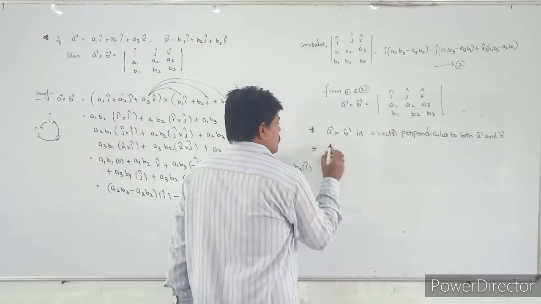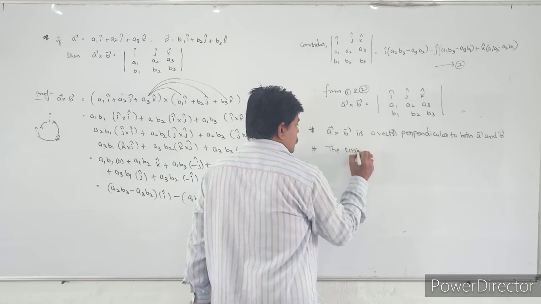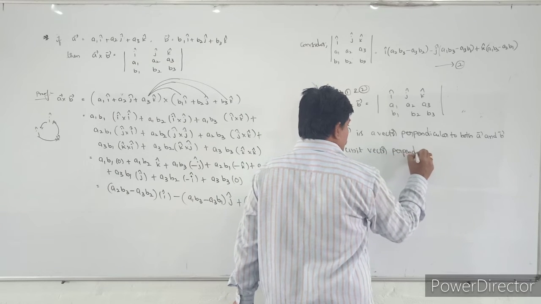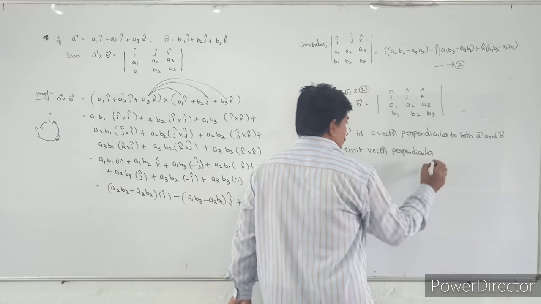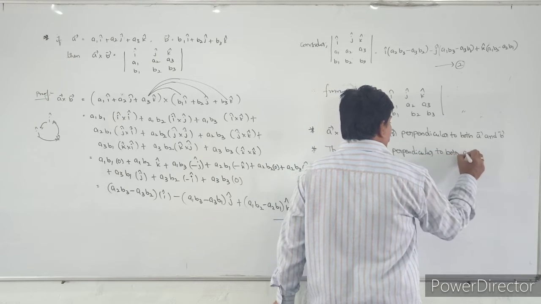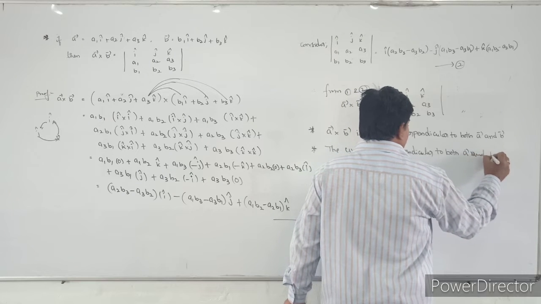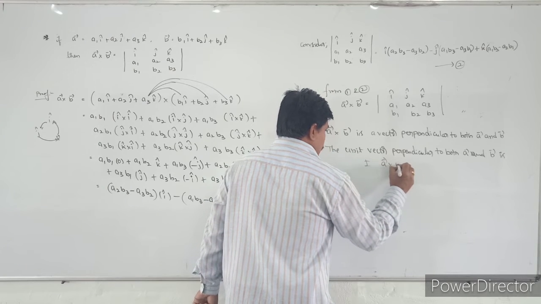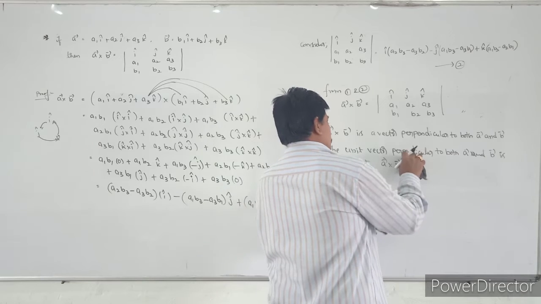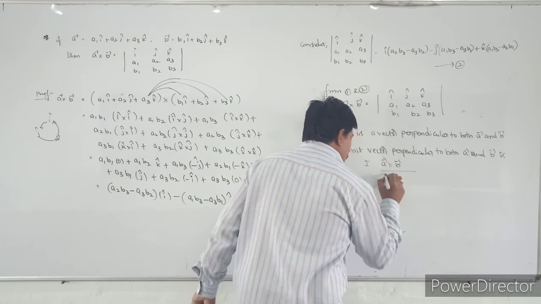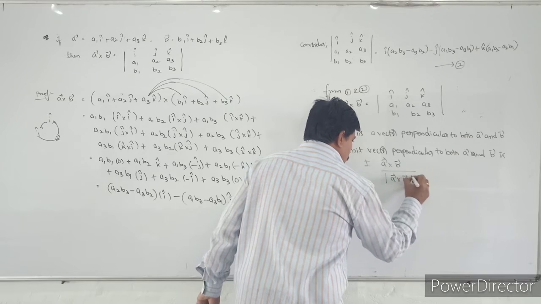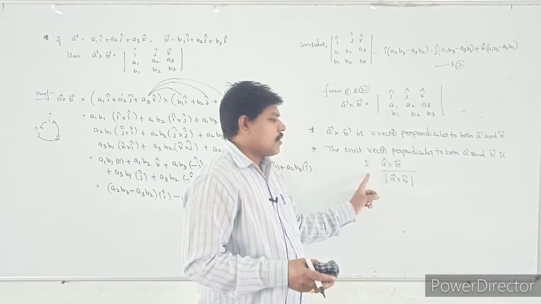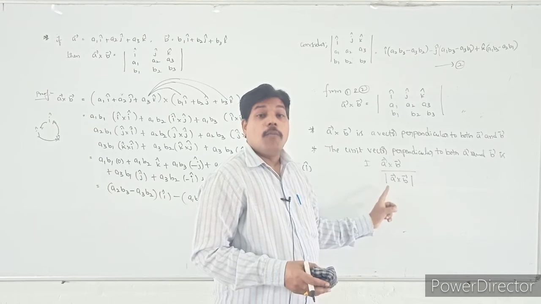So see that one. The unit vector perpendicular to both A bar and B bar is plus or minus A bar cross B bar by mod A bar cross B bar.